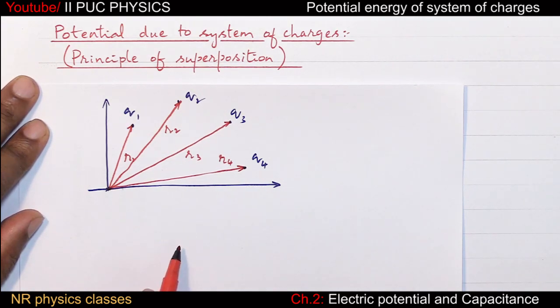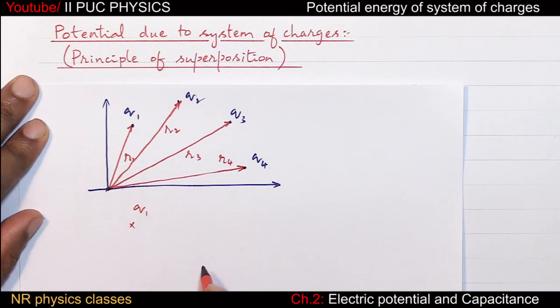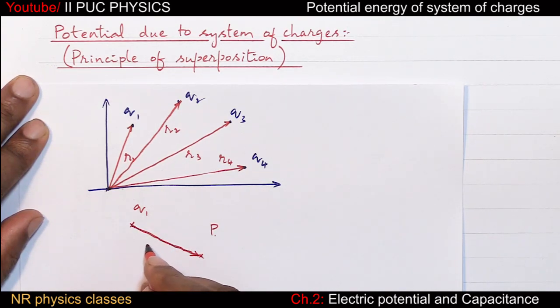Next, if this is a point charge Q1 and this is point P, then the position of P with respect to Q1 is represented by this position vector, denoted by R1P.